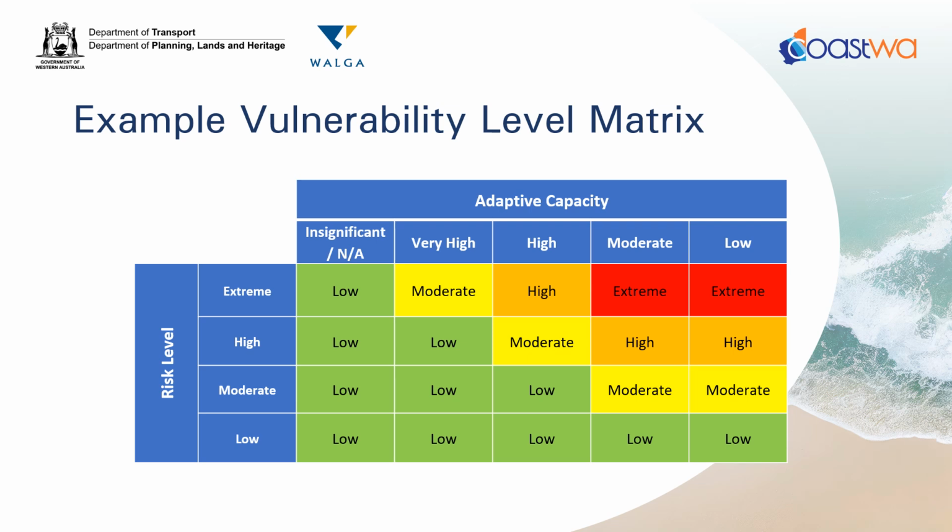The example vulnerability level matrix is shown here. Again, same as for the assessment of the level of risk, you basically have a matrix where you look at the risk level on the left and the adaptive capacity rating on the top, and you determine what your actual rating is based on that.